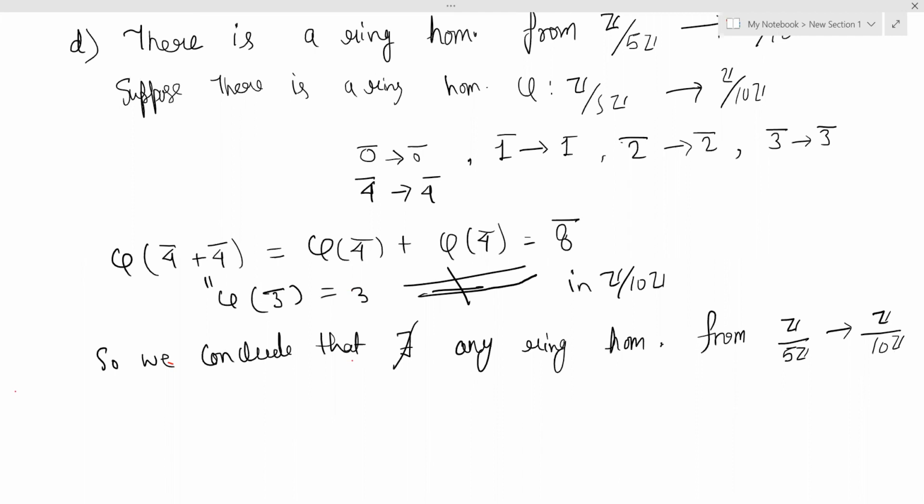So now, next part. There is a ring homomorphism from Z mod 10Z to Z mod 5Z.